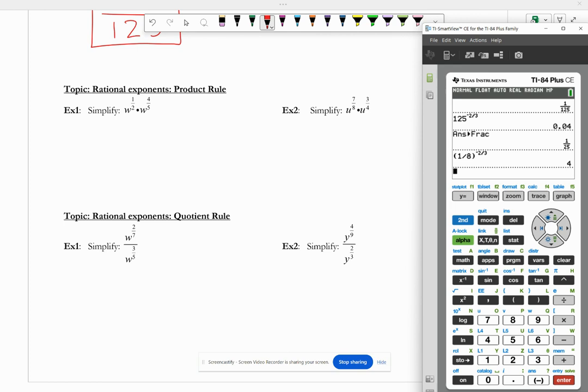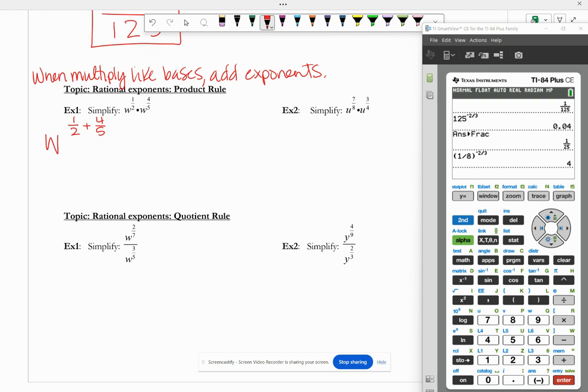So with the product rule, that's multiplication. So when you multiply like bases, you add the exponents. So for this one, I really have W to the 1/2 plus 4/5, all up in the power. So what I'm going to figure out is how can I actually add these two fractions?